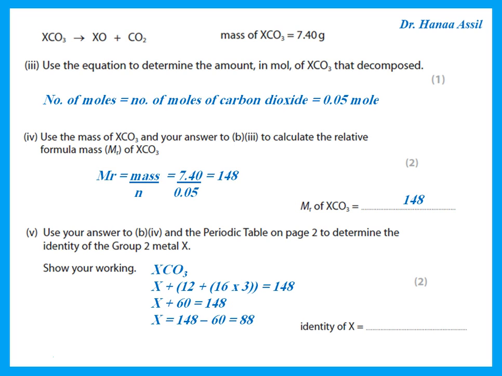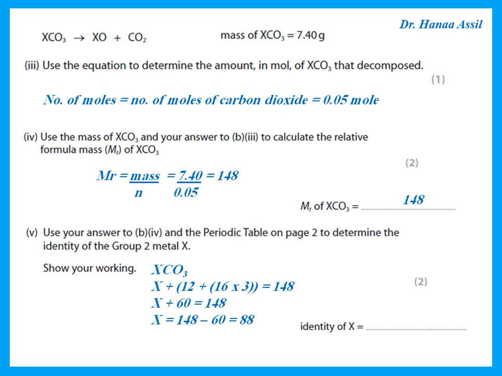X plus the carbon, which is 12, plus 3 oxygen, 16 times 3, all of this is 148. If you solve for X, then you find that X is 88. Now, 88 is the mass number of X. So what is the identity of X?